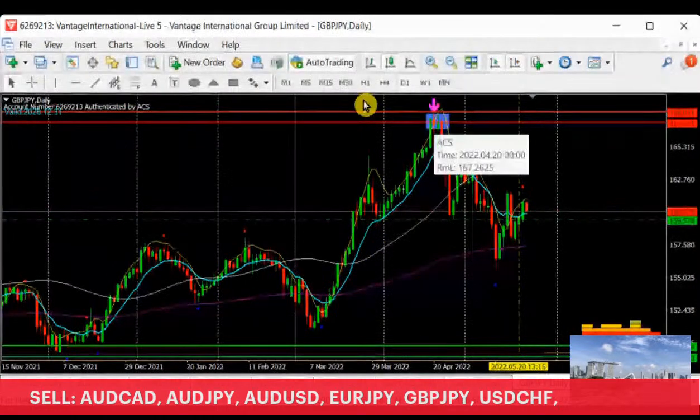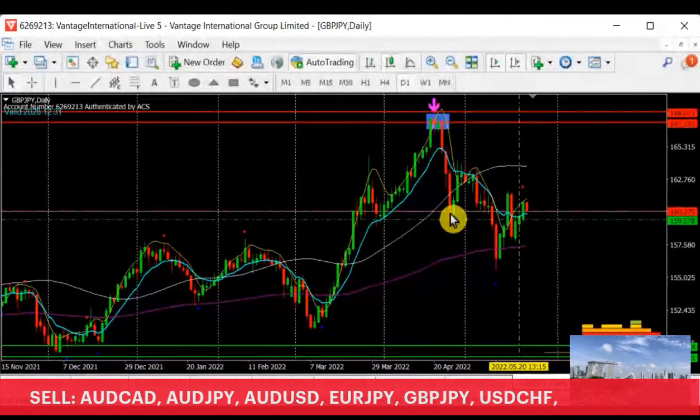When it comes in, it hits the support, goes up and breaks the support once again, so it's actually disturbing. The bullish market has been disturbed.